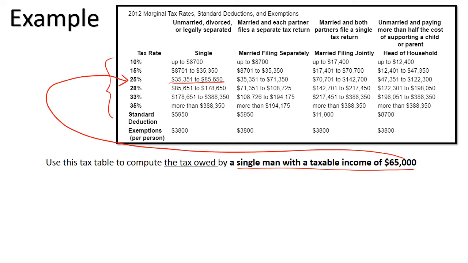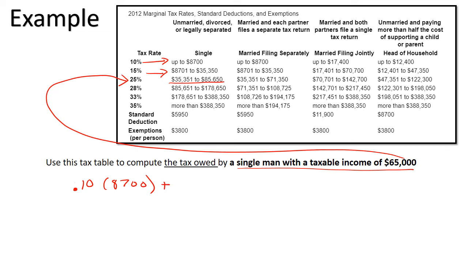However, he does not pay 25% on all of his money. He would first pay 10% on the first $8,700. So I will say 10%, which is 0.10 times 8,700. That's his first $8,700 of gross income. Then he will pay 15% on the money from 8,701 to 35,350.